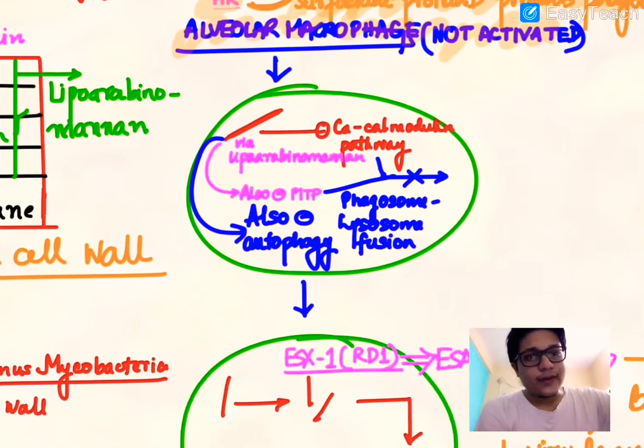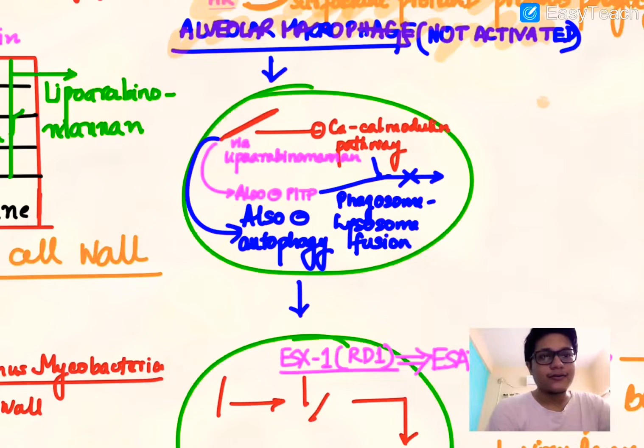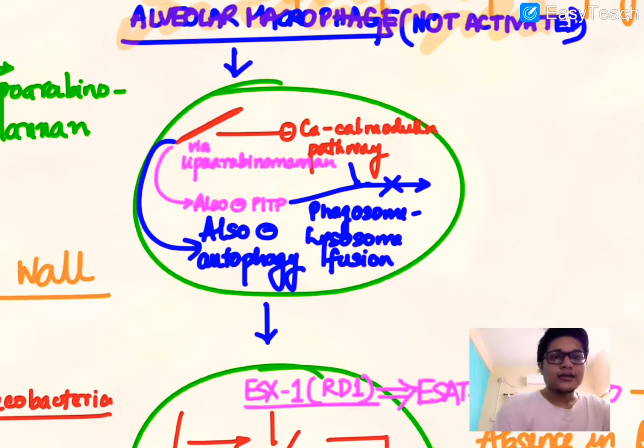Once it is phagocytosed, the bacilli will prevent phagosome-lysosome fusion, and once this has been achieved, it will replicate and then burst out of this macrophage and infect subsequent macrophages. Now how does it inhibit the phagosome-lysosome fusion? Via the lipoarabinomannan, which is a component of the bacterial cell wall, it will inhibit the calcium-calmodulin pathway.